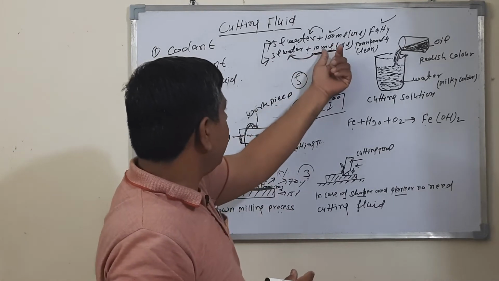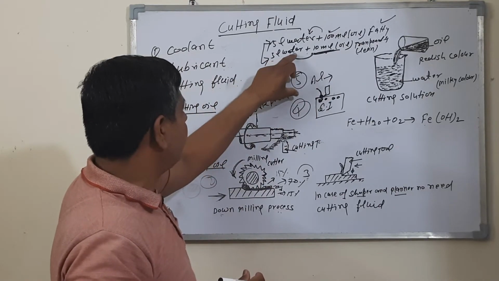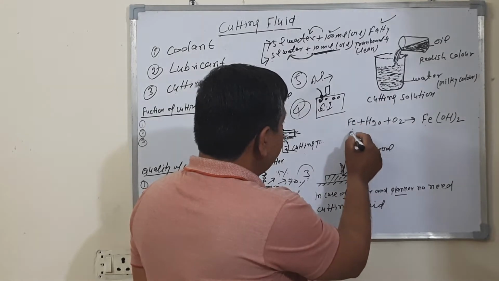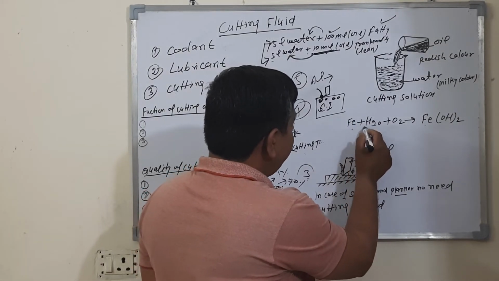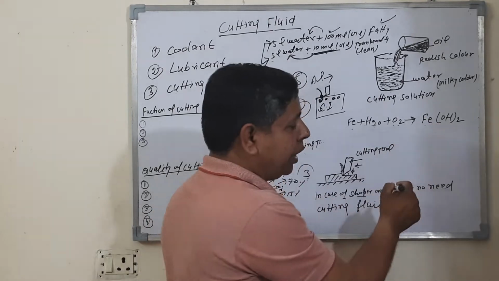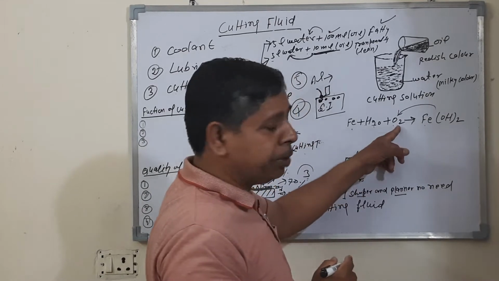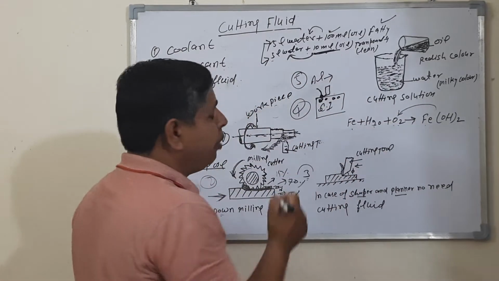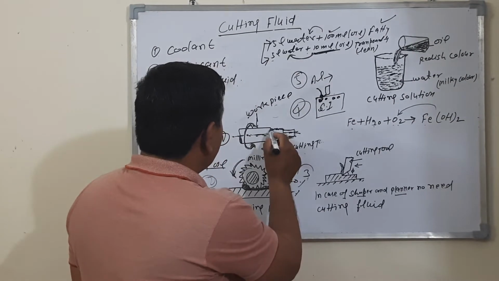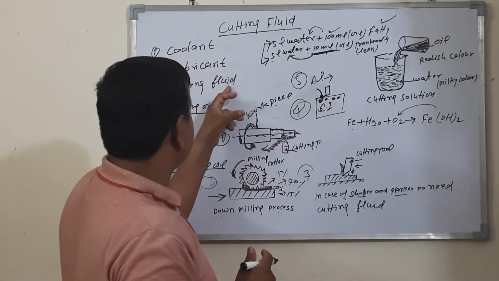The 10 ml of oil is very little in 5 liters of water, so this reaction occurs: Fe plus H2O plus O2 becomes ferric hydroxide. Hydroxide is produced in the presence of oxygen, so there is a greater chance of rusting on the surface when a lean solution is used.